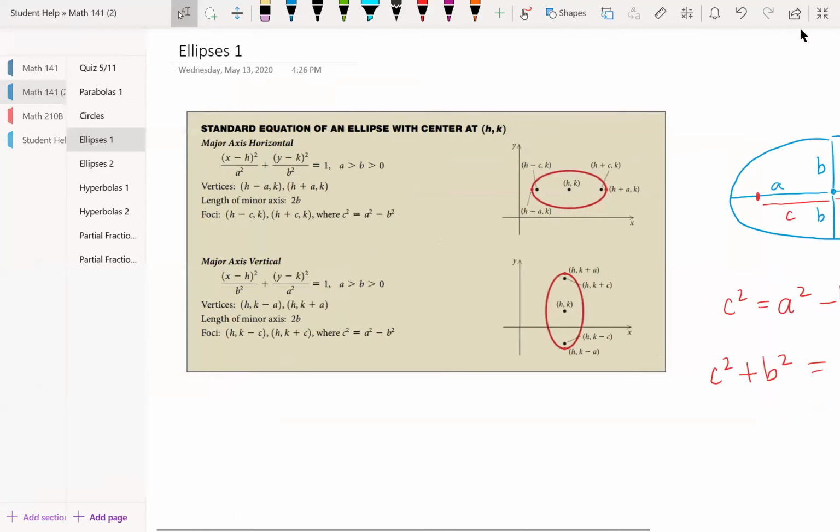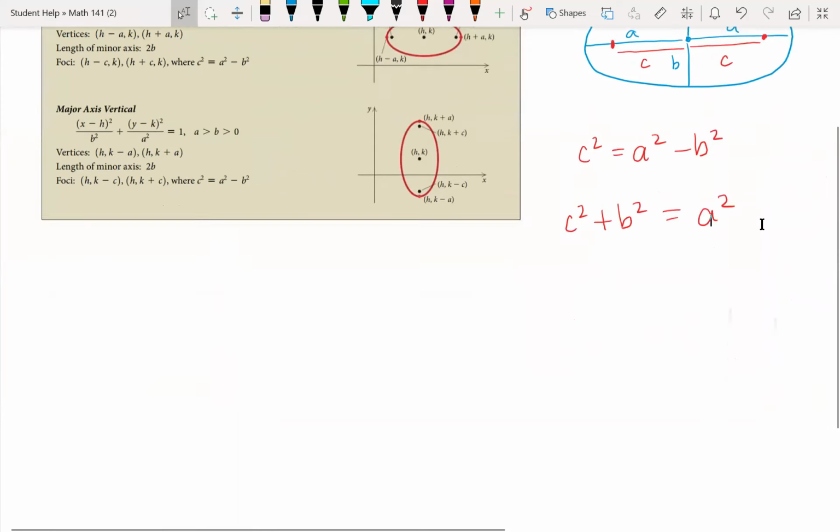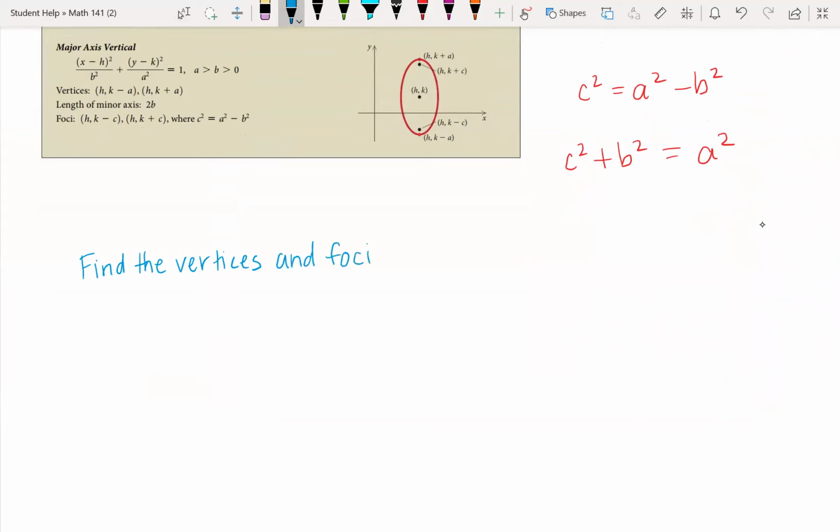So back over here, let's tackle some examples. Let's find the vertices and the foci of the ellipse 9x squared plus 4y squared is equal to 36.